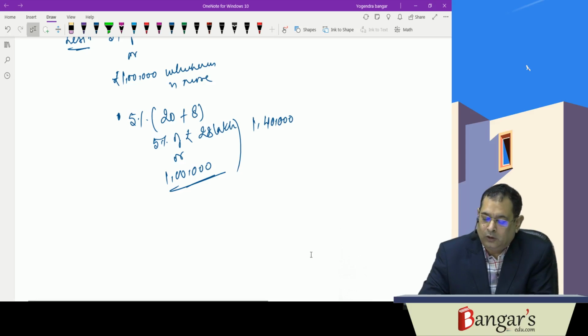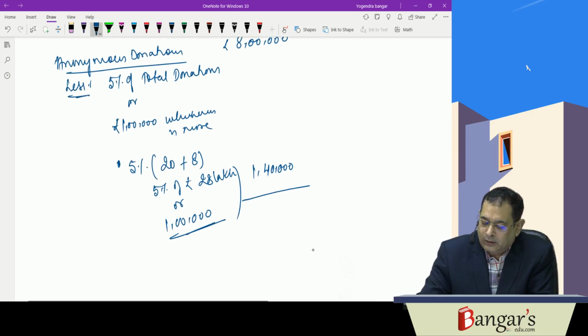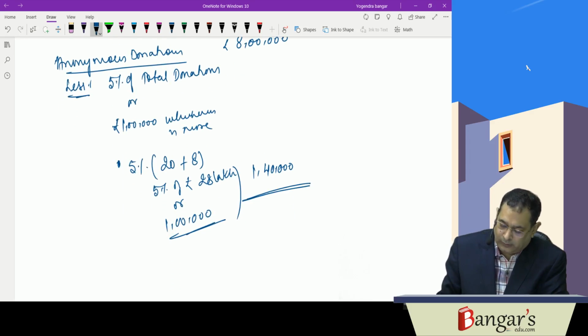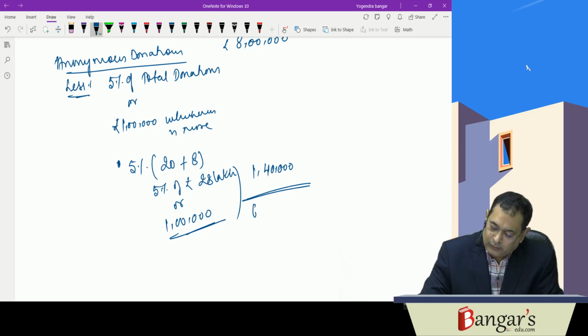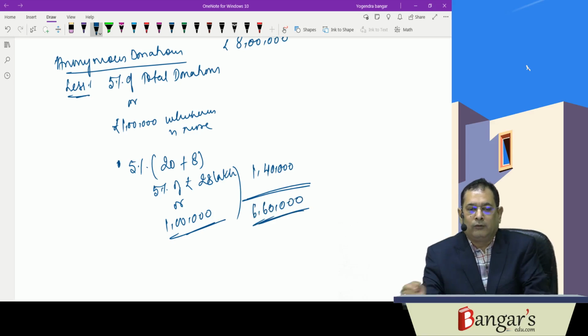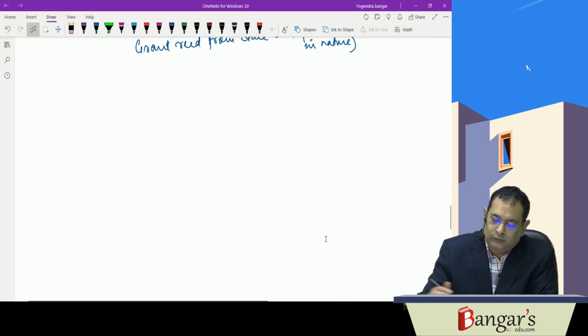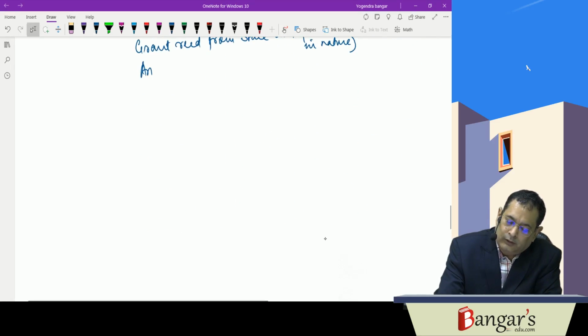So here anonymous donations, it won't be taxable under 115BBC, will be 1,40,000. Anonymous donations taxable will be 8 lakhs minus 1,40,000, so it will be 6,60,000. This will be also income. 1,40,000 is also income. Now we are saying that this is the anonymous donations, and we'll be getting the benefit of 15% set apart for future applications.